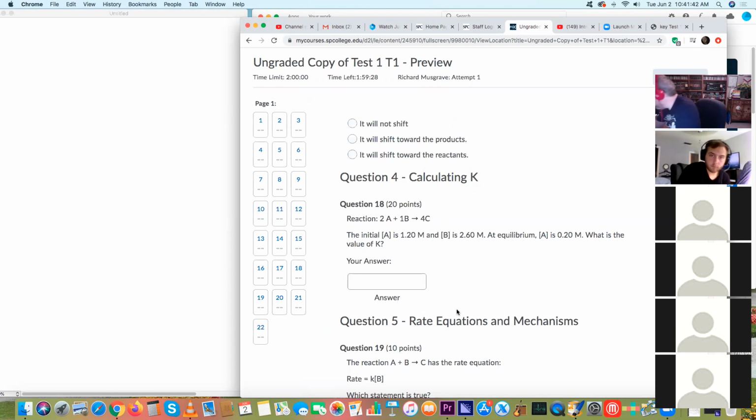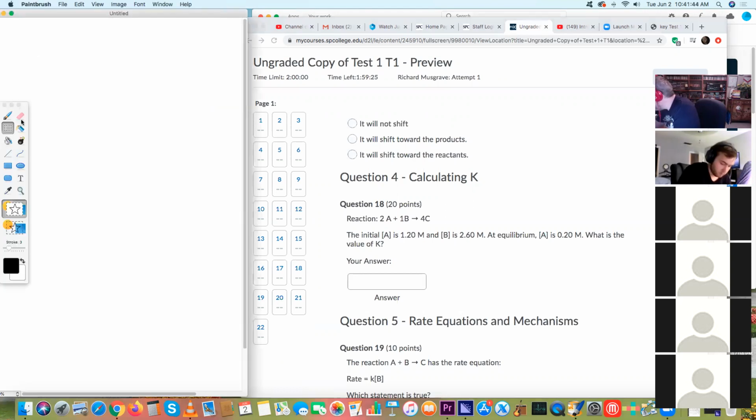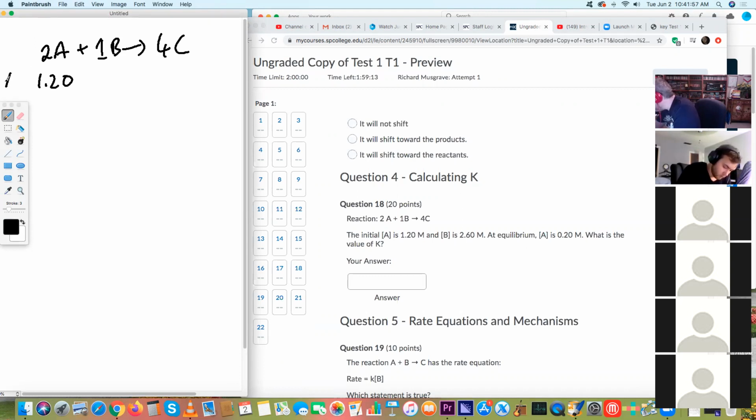All right, let's see. So we've got 2A plus 1B gives 4C. And we're told that A is initially 1.20, 2.60 on the B, and the C is 0.